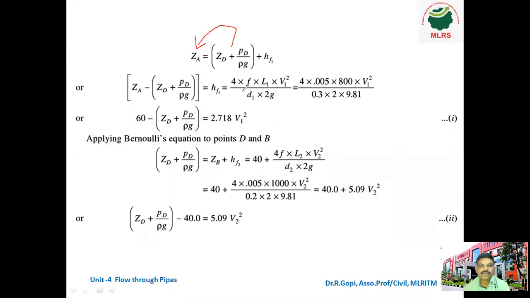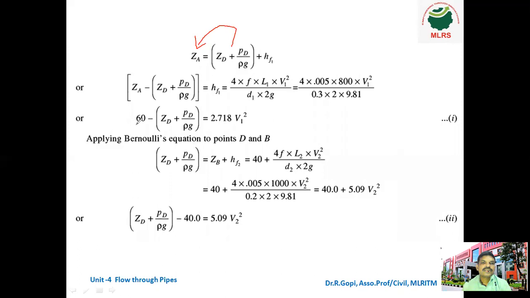What is the HF1 formula? 4F L1 V1 square divided by 2G D1. Substitute all the values: 4 into 0.005 into L1 800 and V1 square divided by D1 is 0.3 and 2G, 2 into 9.81.